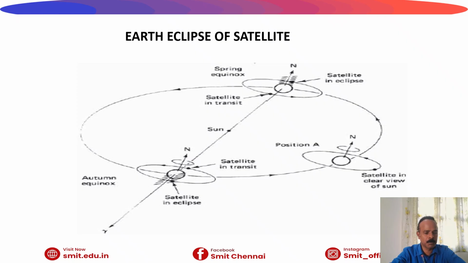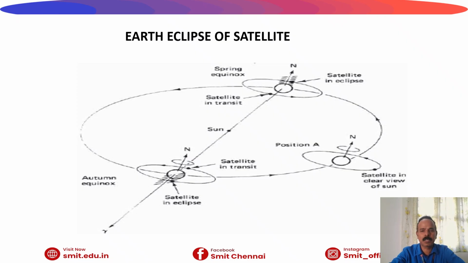Then we can see the duration and occurrence of the Earth eclipse. A geostationary satellite experiences eclipse once every day during the eclipse season. The eclipse duration varies between 10 minutes and 72 minutes. This occurs mainly around two important periods: one is the spring equinox, the other one is the autumn equinox.